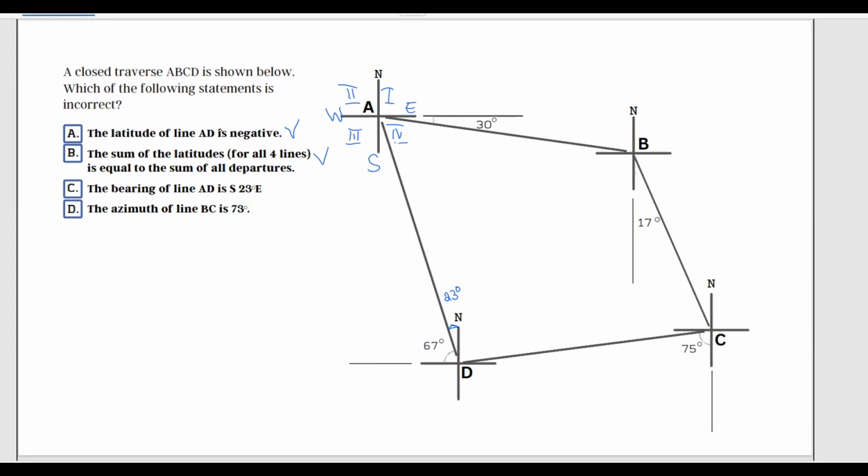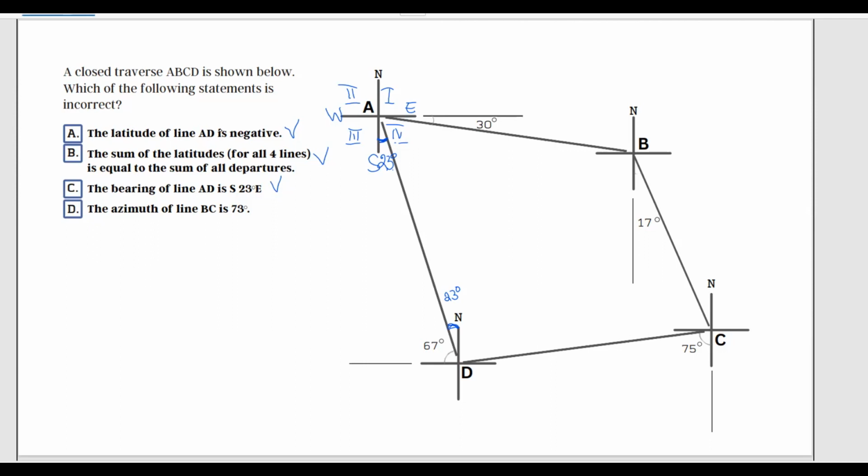And we know this angle is equal to this angle, and this one is also 23 degrees. So it seems that the bearing of line AD is indeed south 23 east. So C is also a correct statement.